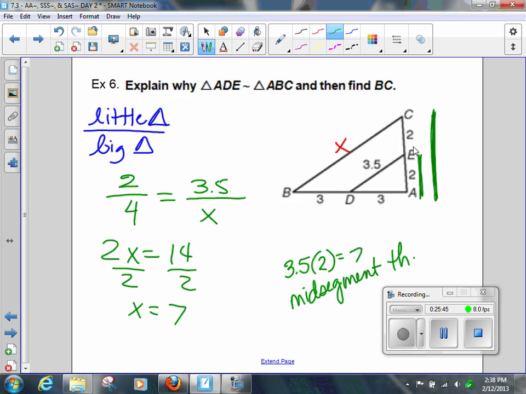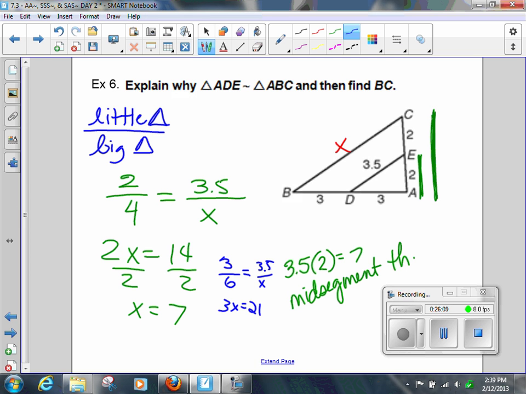Well, we got to look. All right, so let's check this out. You're right. I'm thinking, Carson, did you go 3 over 6 is equal to 3.5 over x? 3x is equal to 18, 21.